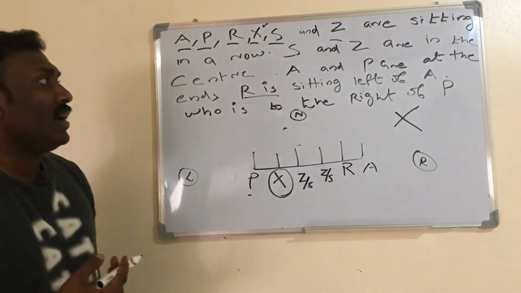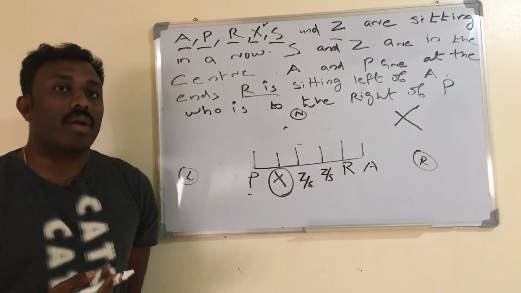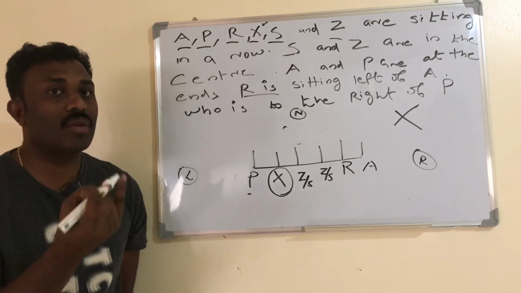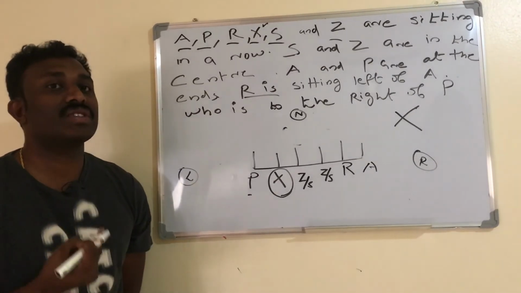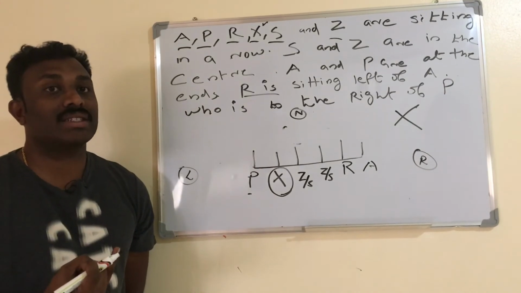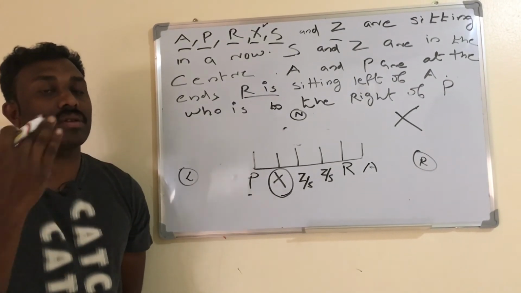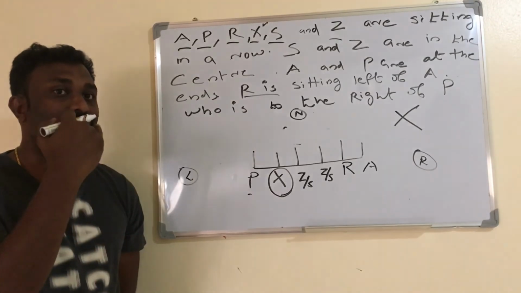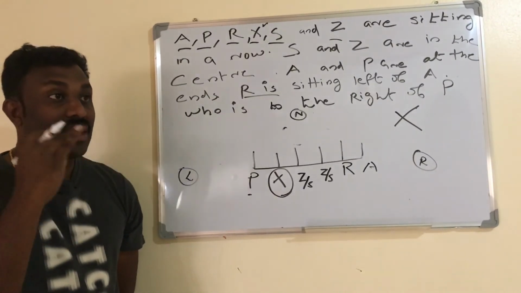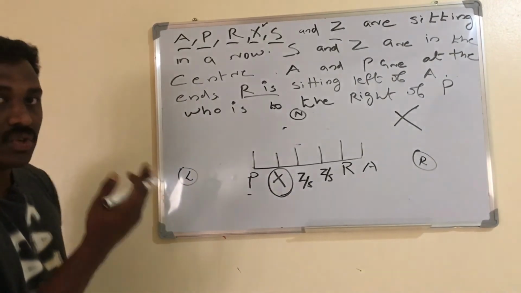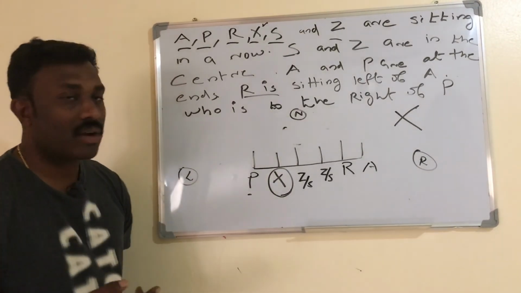So linear arrangements are very easy. First thing you must know is in which direction they are facing. If they have given you a direction like south, west, east, or north, then you have to place them in that direction. If they didn't mention any direction, then by default you can assume they are facing north.